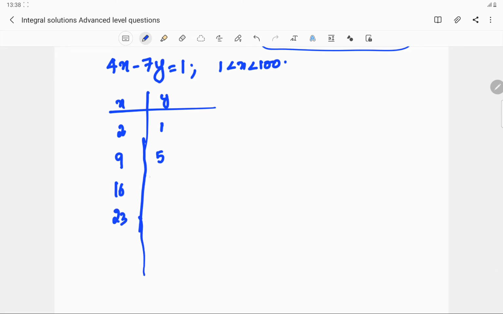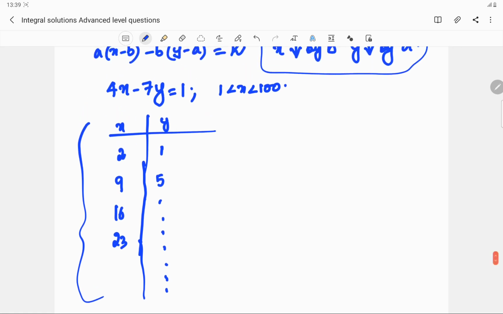Correspondingly there will be a value of y, and this goes on. So this is the traditional method, and then you need to first list down all these possibilities and then count them.